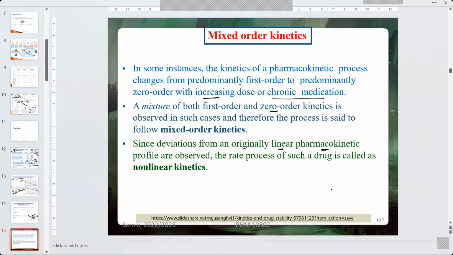If the drug is following usually first order kinetics, this is linear pharmacokinetics. But if it is following mixed order kinetics, then it is usually non-linear kinetics. You will study this in detail next semester when we study pharmacokinetics.